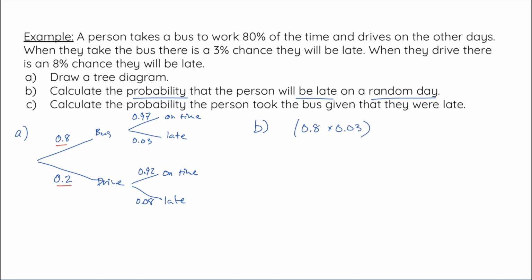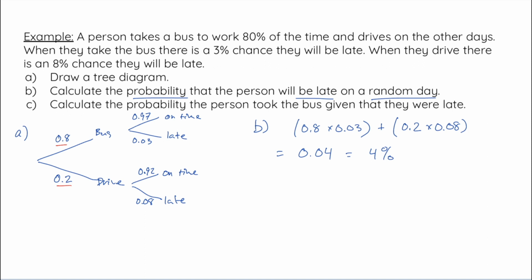We're going to add this to the probability of driving and being late. So in this case, we're going to multiply 0.2 by 0.08. And if we multiply these and add them together, we get an answer of 0.04, which is the same as 4%. So there is a 4% chance they'll be late on any given day.